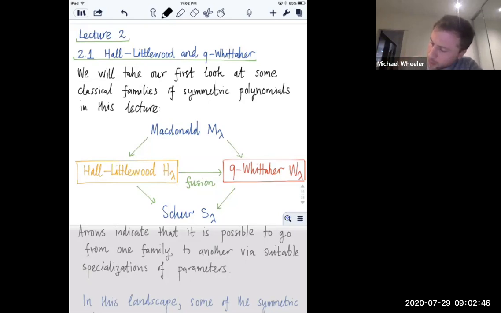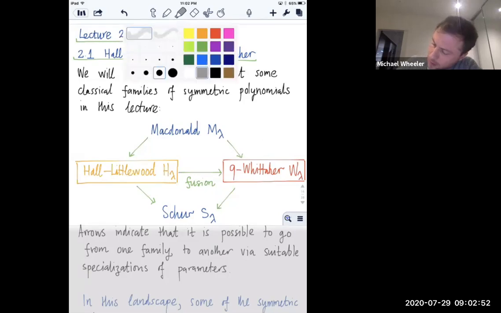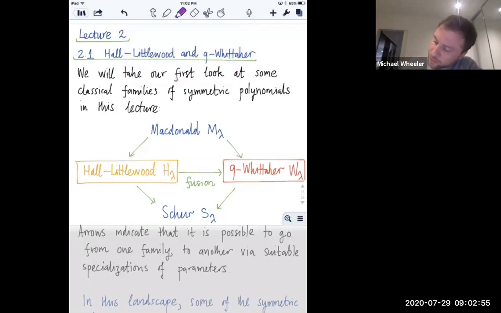So I'm going to be talking about these 2 families of symmetric functions. Let me highlight it. So I'll be talking about whole-Littlewood polynomials and the q-Whittaker polynomials. Both of these are celebrated and famous classical families of symmetric polynomials in an alphabet of n variables. I'll say a little bit at the beginning of the talk about some of the historical aspects of where these symmetric functions actually come from.